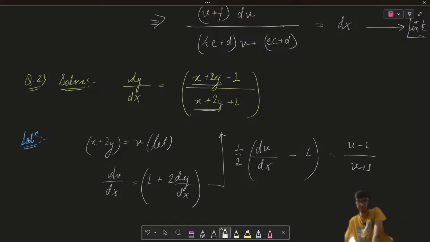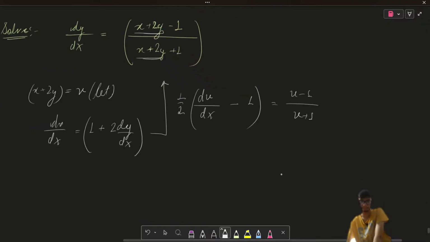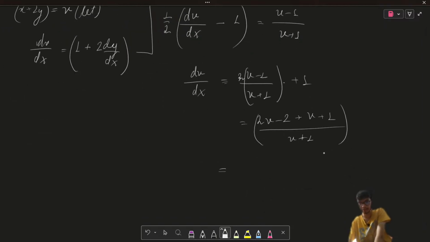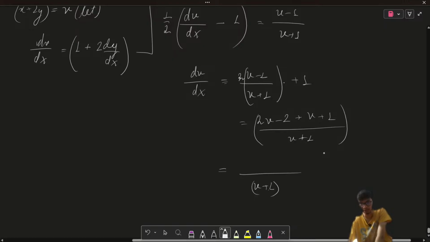If I simplify the expression, I get dv upon dx is equal to (v minus 1) by (v plus 1), multiplied by 2, and then plus 1. Further simplifying, this is going to be of this form, and now I can solve this easily by variable separable form.